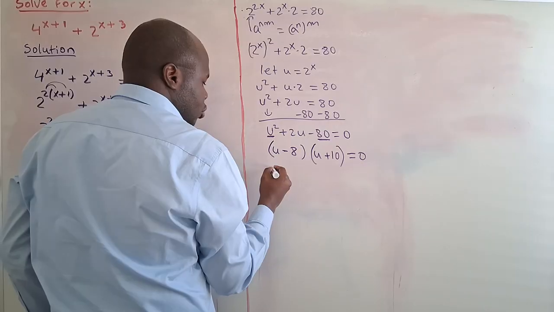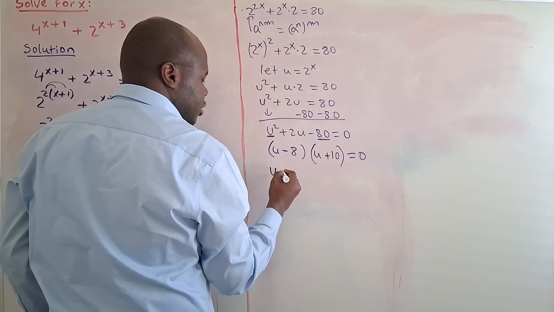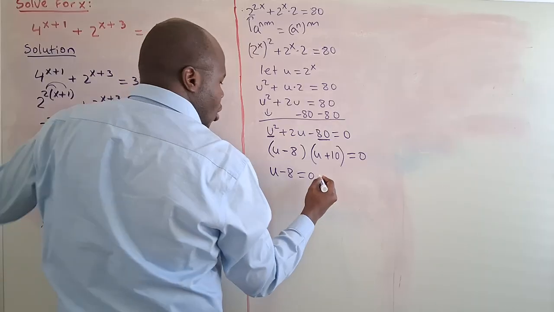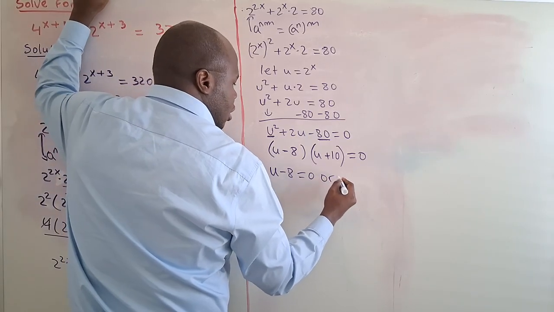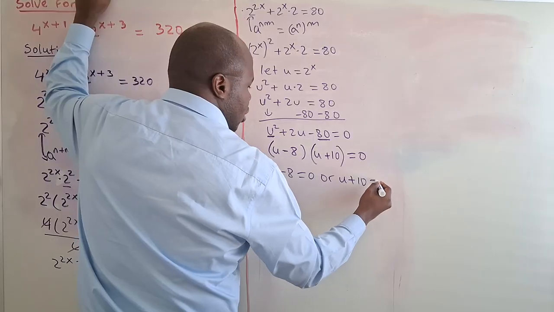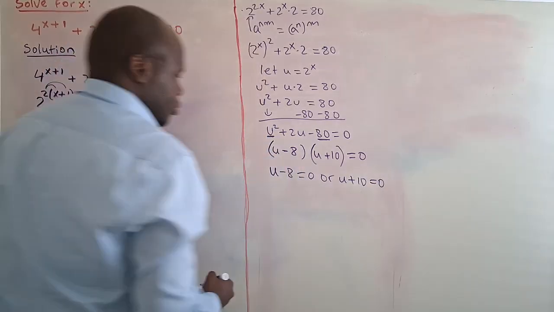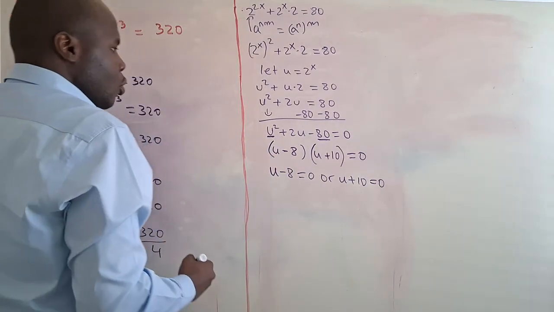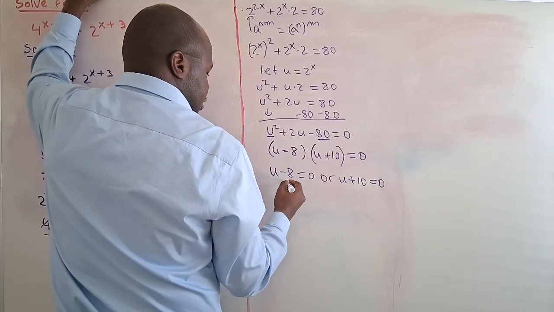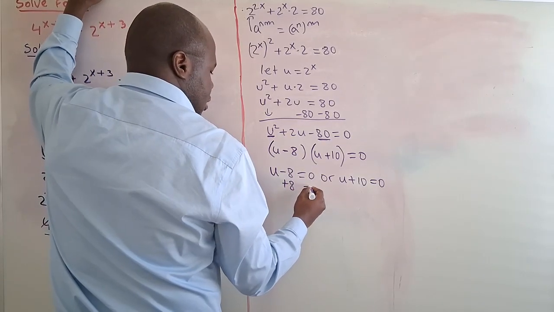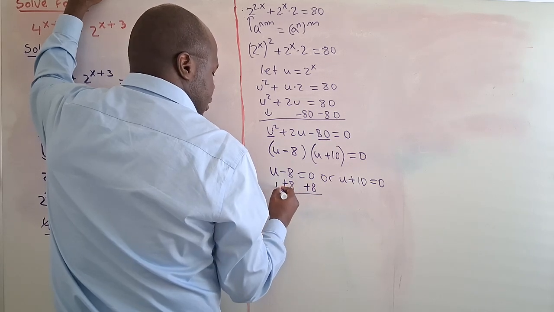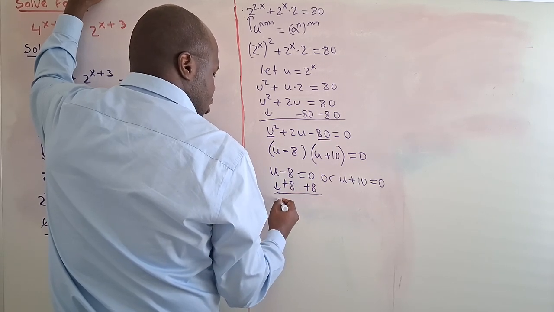Now we're going to take each one of them and set them equal to 0. u minus 8 equals 0, or u plus 10 equals 0. Now we need to solve for u, so we're going to add 8 to both sides. Then we bring down the u.